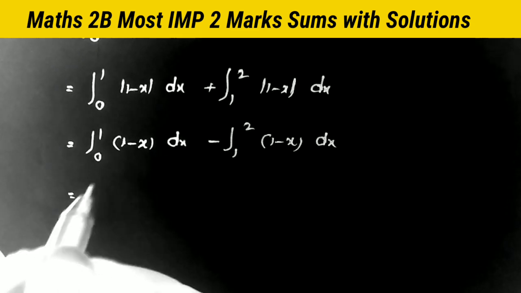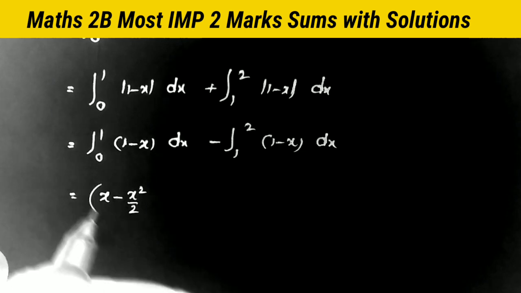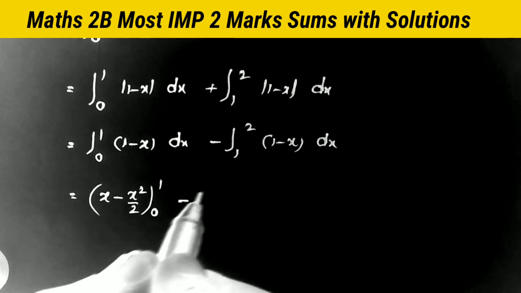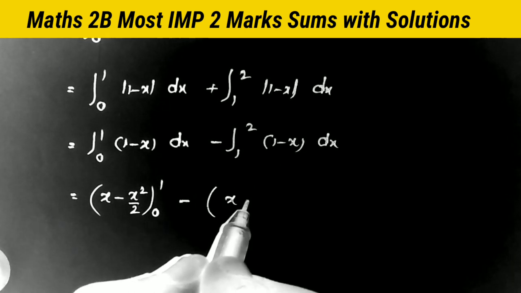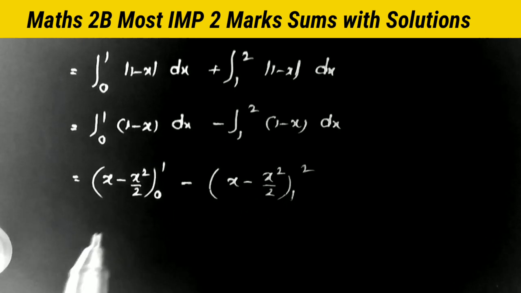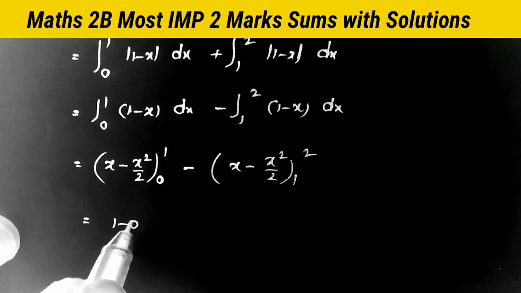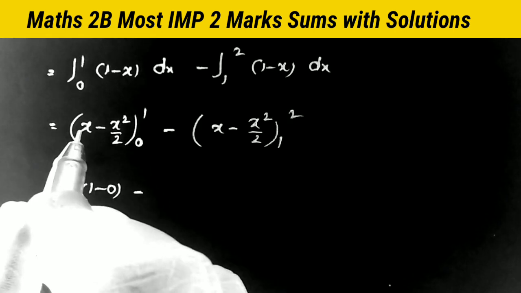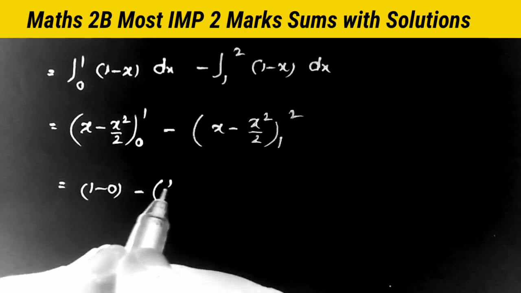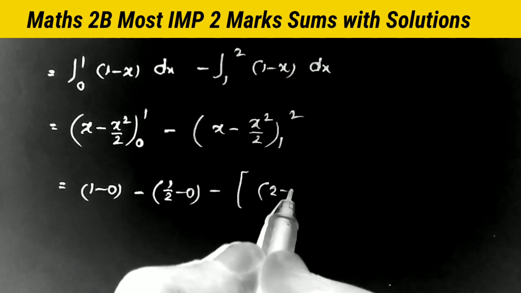Now taking the integrations. Integration of 1 is x, minus integration of x is x square by 2, where the limits are 0 to 1, minus again integration of 1 is x, minus integration of x is x square by 2, where the limits are 1 to 2. Now replacing the limit values, 1 minus 0. First replacing the limits in x. Next x square by 2. 1 by 2 minus 0. Minus of 2 minus 1.